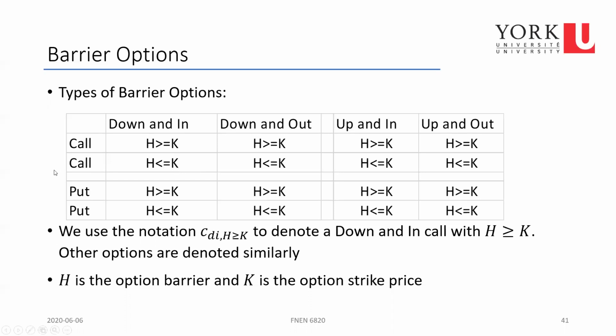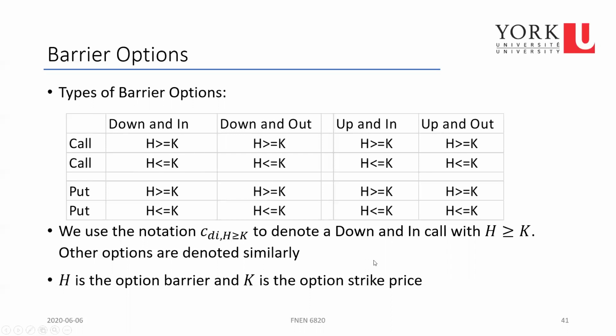So you can see that between these two, this is a more difficult condition than this. So therefore, the same call down and in with this condition here must have a higher price than this.